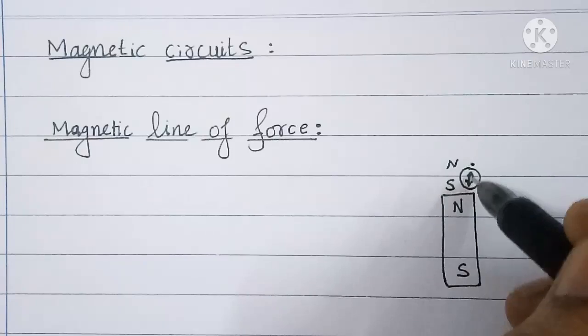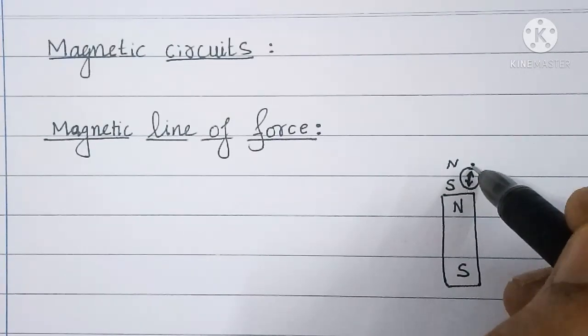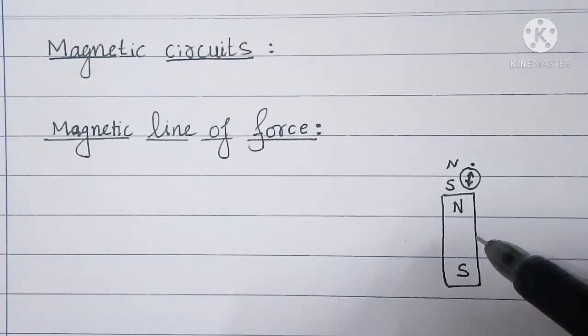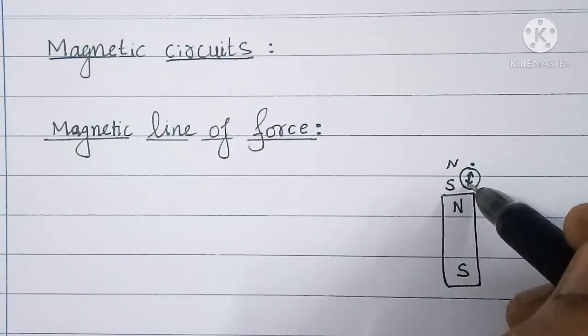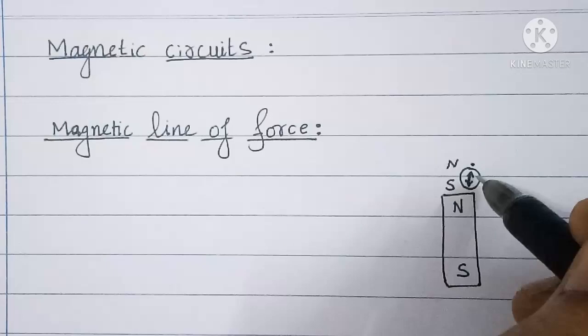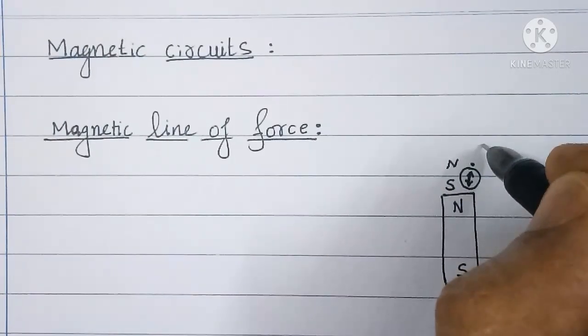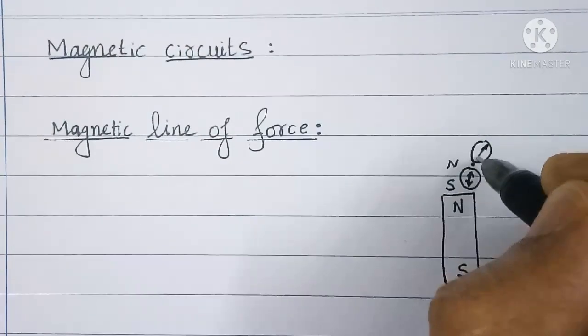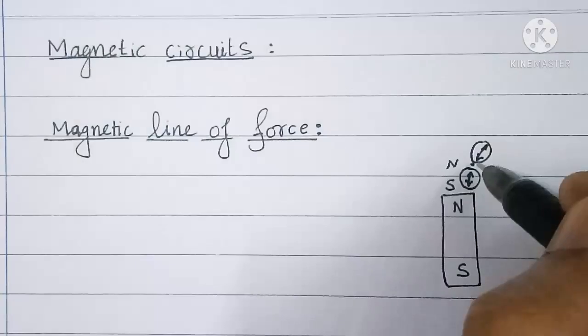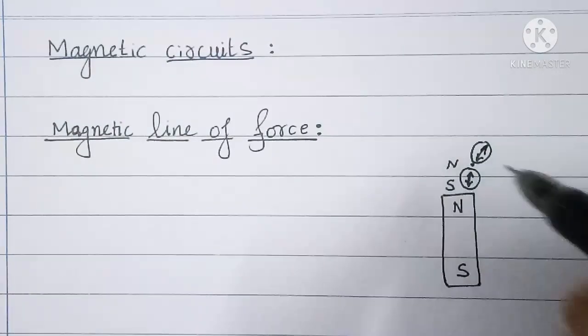Now you can mark a point at N pole of this tiny magnet. Lift the magnet, that is this tiny magnet, and place that here, such that S pole is directed towards the point already placed here.